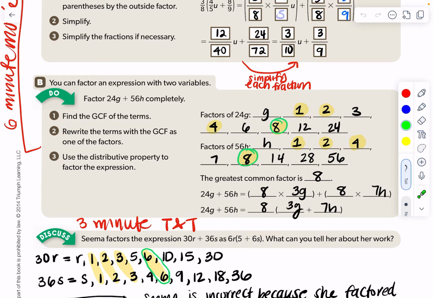So because both of these new multiplication sentences have 8 in them, we are going to pull the 8 out on the outside of the parentheses. And then inside the parentheses, we are going to keep our 3g plus 7h.